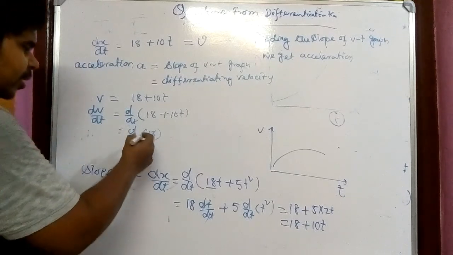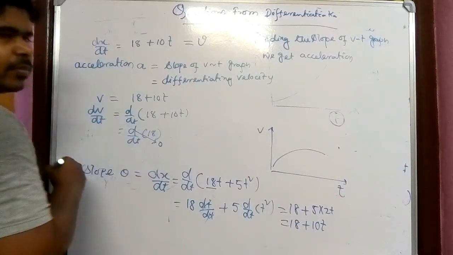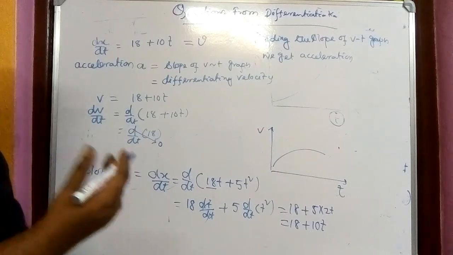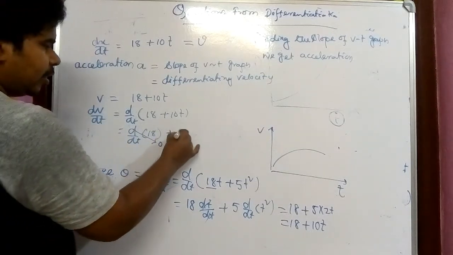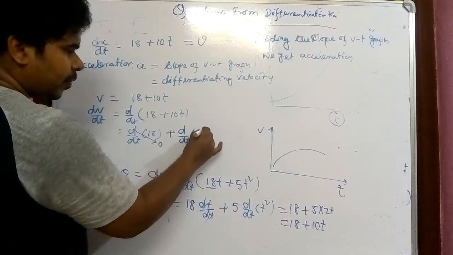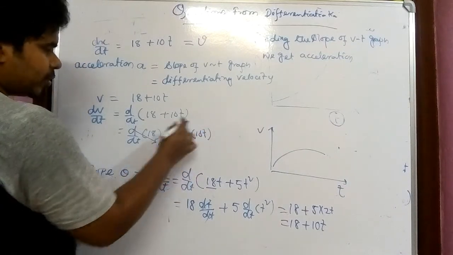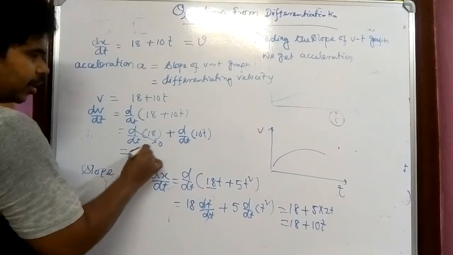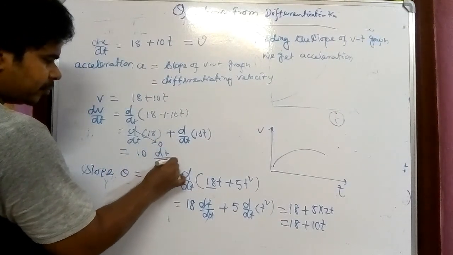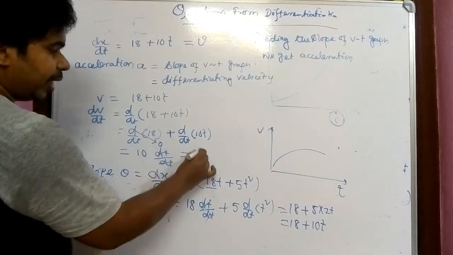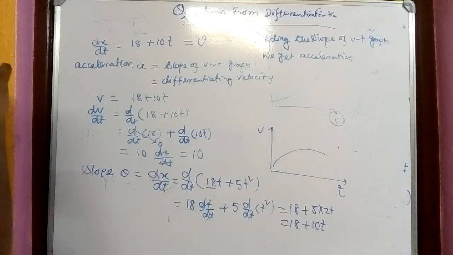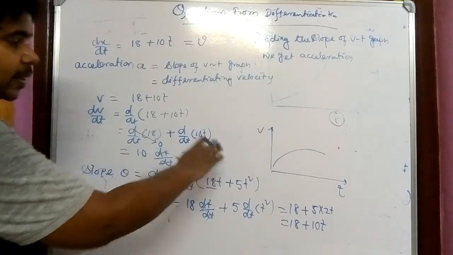That means this will go to 0, because we have learned the differentiation of a constant will be 0, plus d/dt of 10t. So 10 is a constant, it will come outside, and d/dt of t is 1. So the answer will be 10, right? The answer is 10.